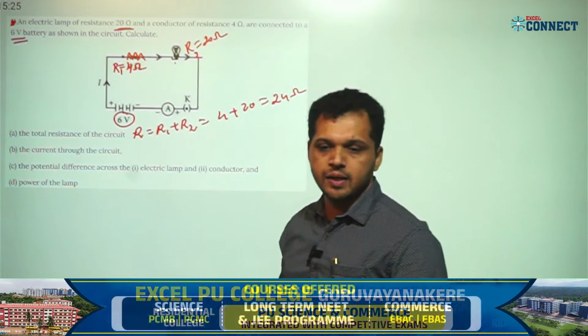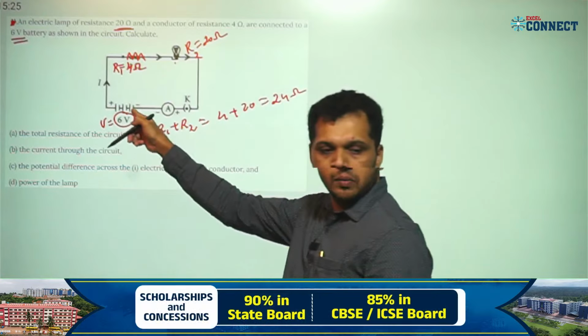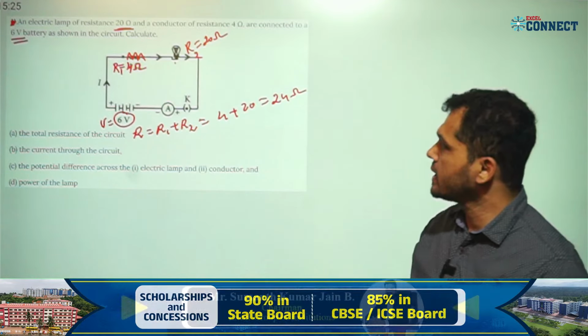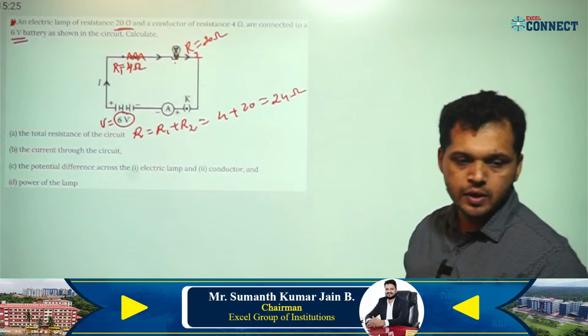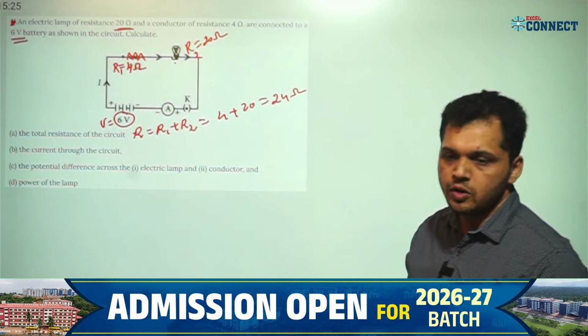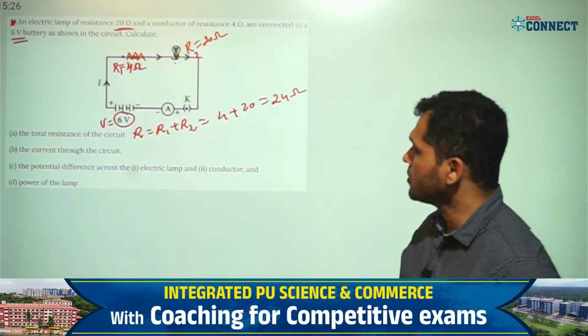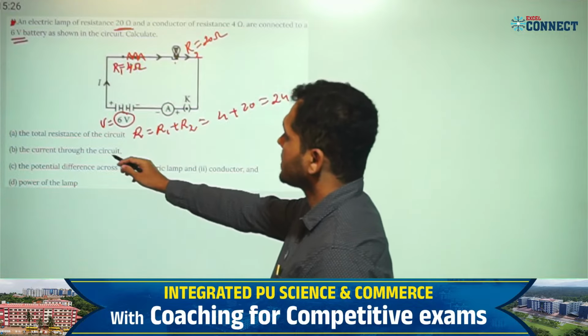Battery voltage V is equal to 6 volts. What is the current? I equal to V by R equivalent. R equivalent is 24.